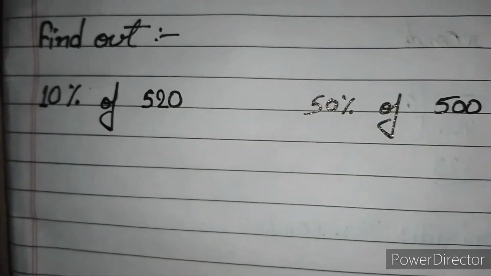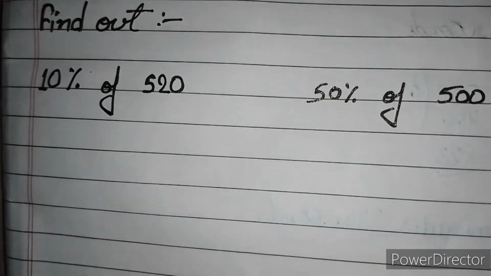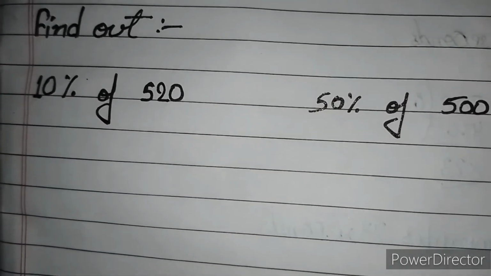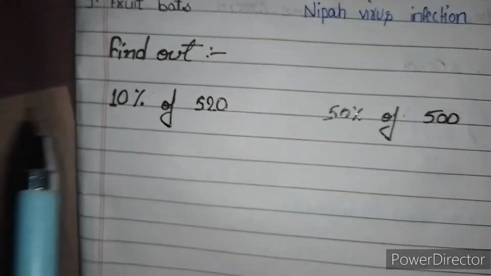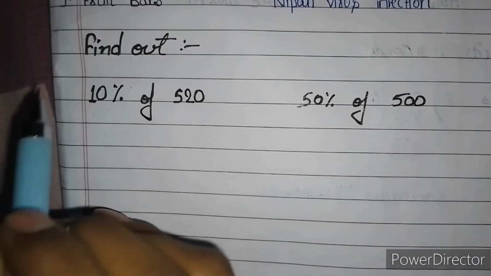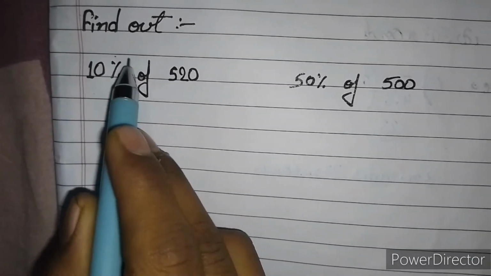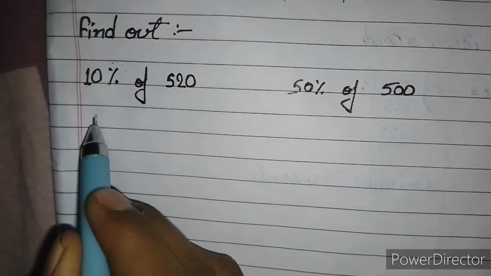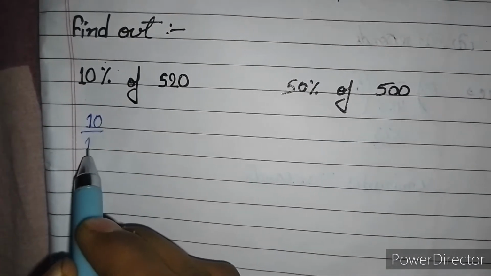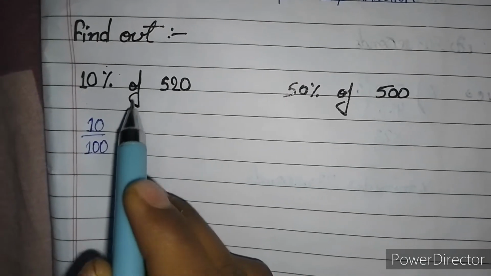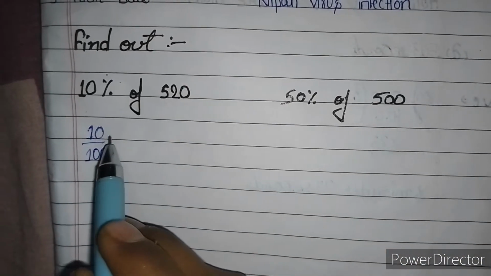So today we will solve a mathematics question: how to find the percentage of a specific number. So we have the question of 10% of 520. So 10%, if we remove the percent, we will get 10 by 100, and "of" means multiplication.